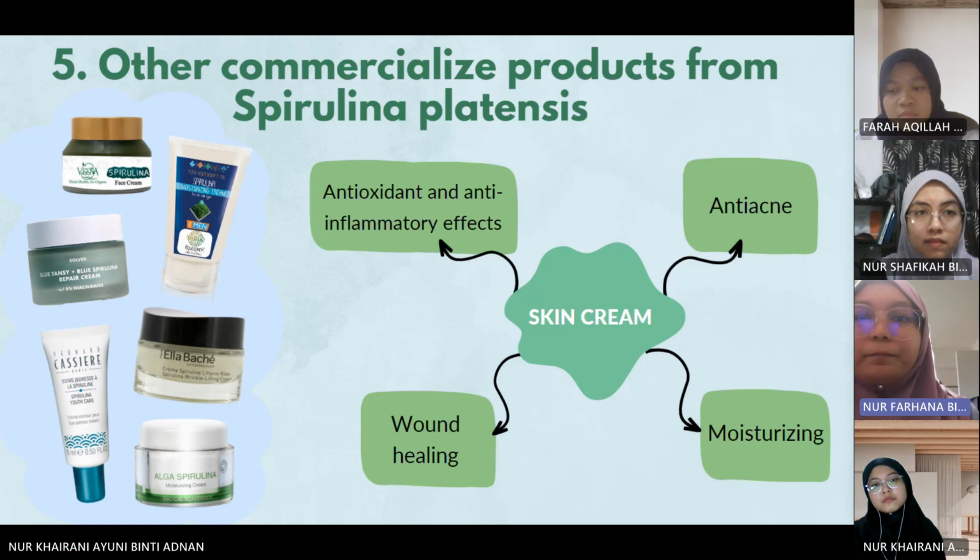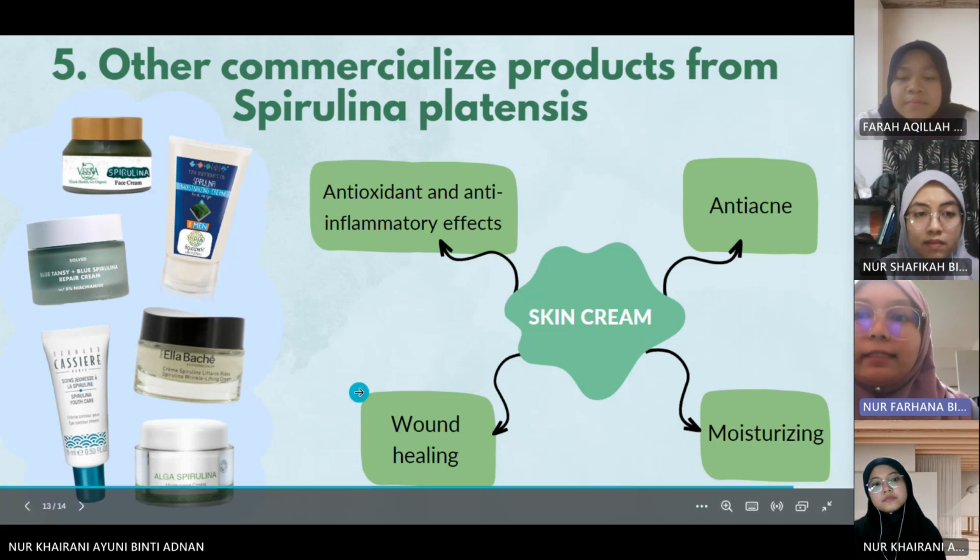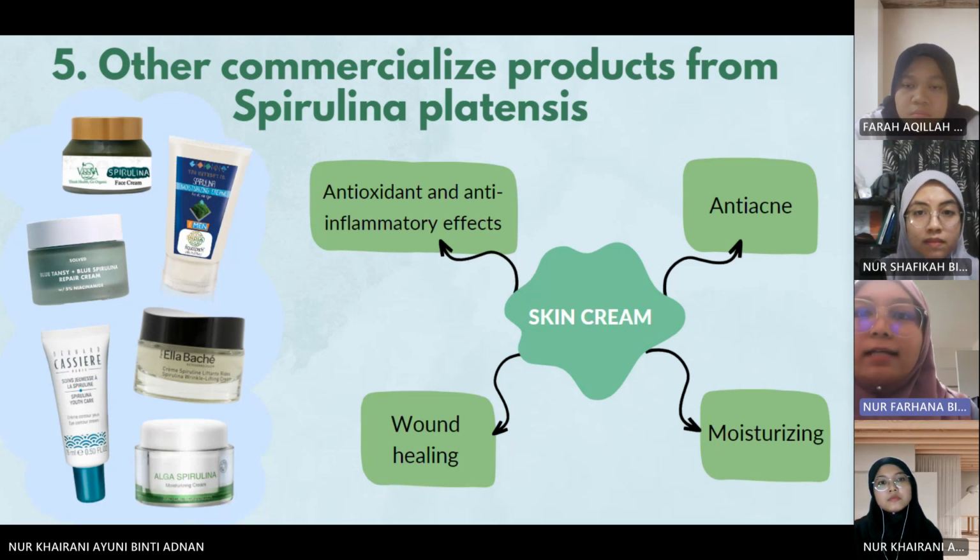Finally, wound healing. Spirulina increased the fibroblast viability by enhancing the antioxidant mechanism of fibroblasts under oxidative stress. These fibroblasts are mesenchymal cells that are in charge of the inflammation and scar formation during the wound healing process.